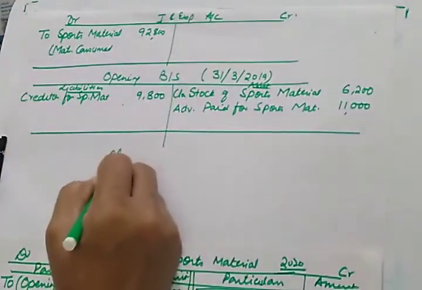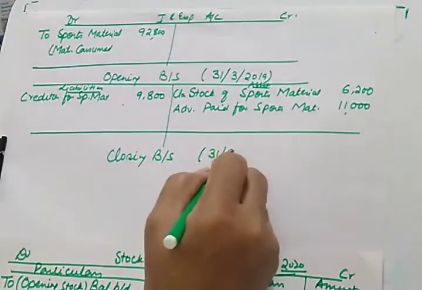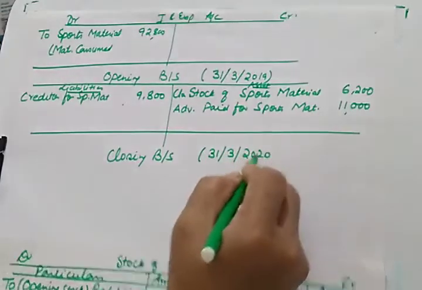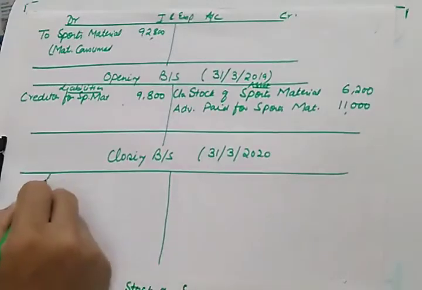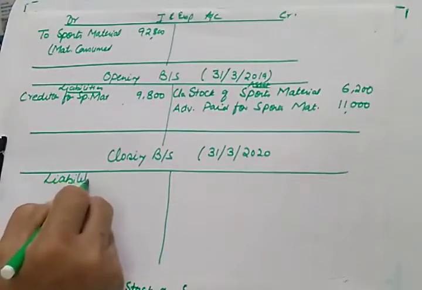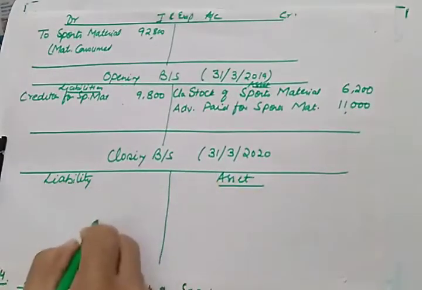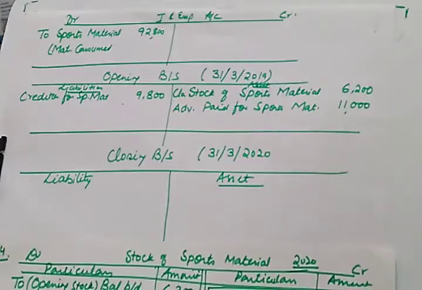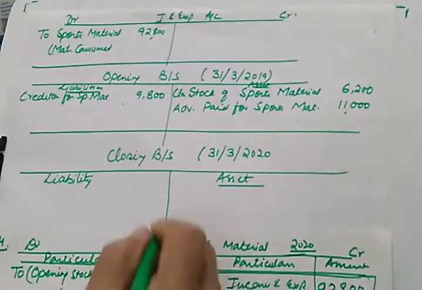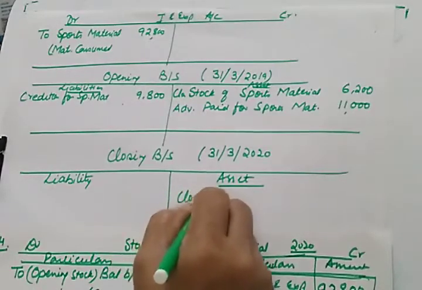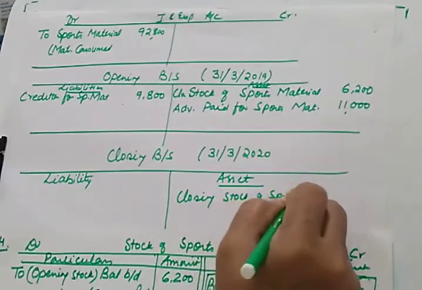Now let us prepare closing balance sheet. Closing balance sheet will be prepared on 31st March 2020. This is liability side, and this is my asset side. So here, first of all, I'll be writing all the closing details. This is closing stock of sports material.